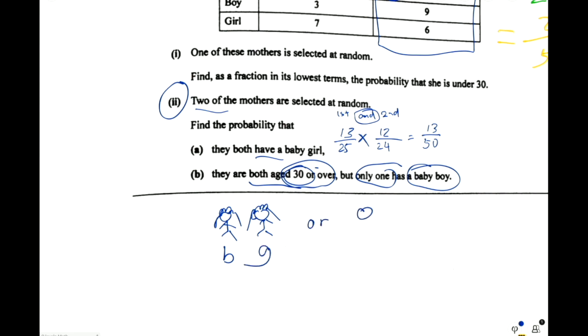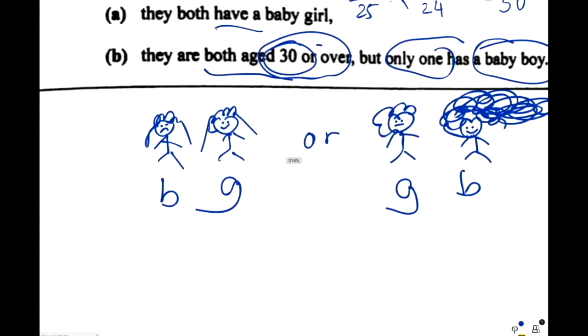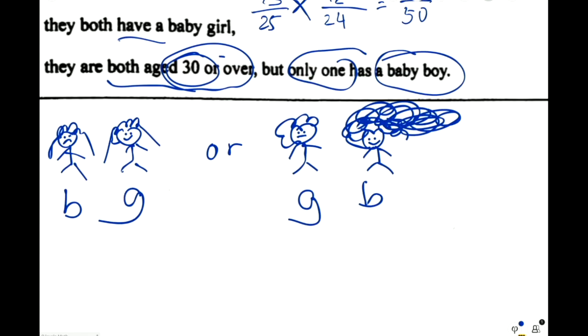Or 2 mothers again. So, girl, boy. Is that right? Okay, so only these 2 possibilities, boy, girl, or girl, boy.